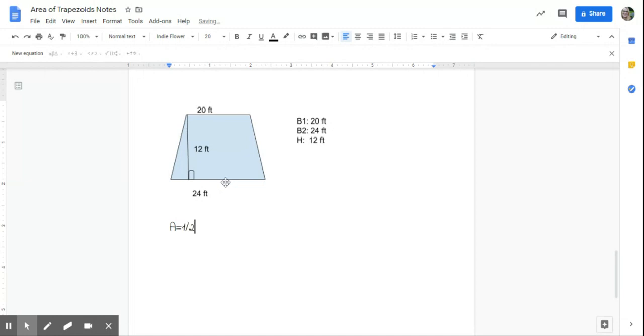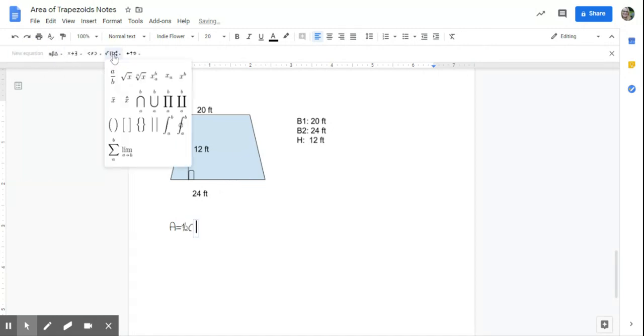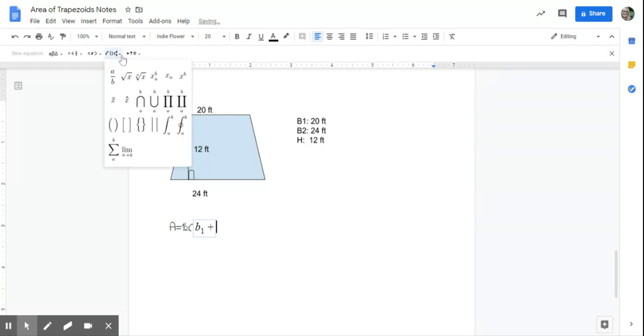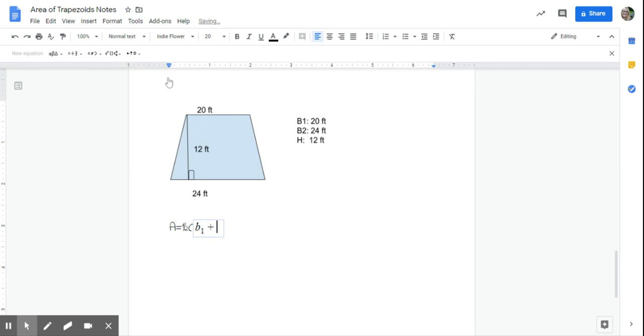Area equals 1/2 times base 1 plus base 2. Oops, I did that backwards. Try that again. Base 2 times the height. So let's actually plug in the numbers that I know.